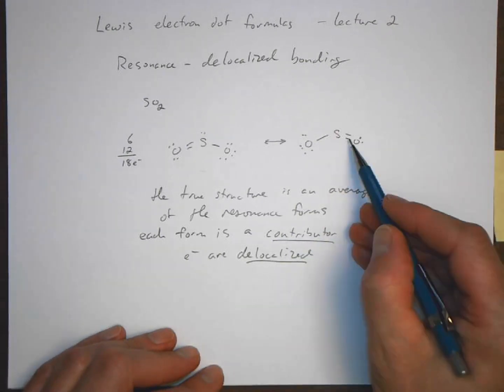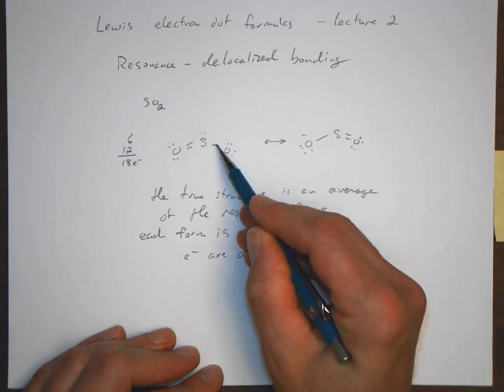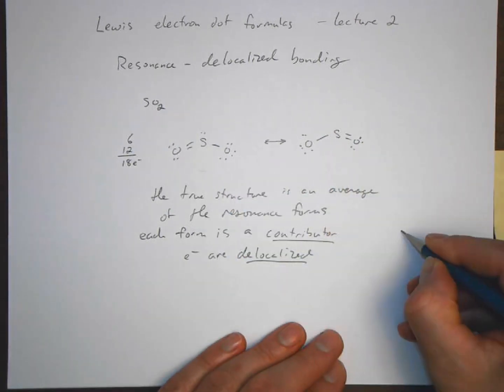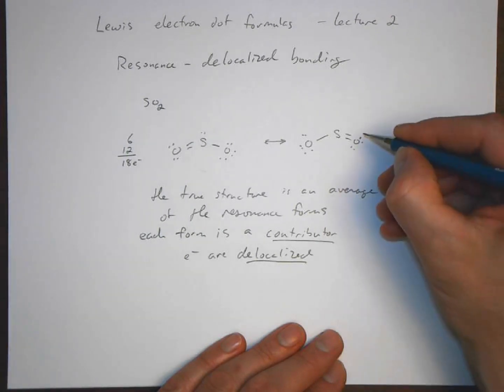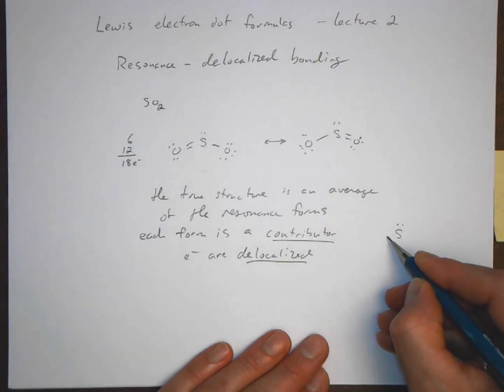You don't actually have 4 electrons here and 2 electrons here. What you can think of it as is something more like this. Oops, I neglected to put this double bond there. But what you actually have is something more like this.